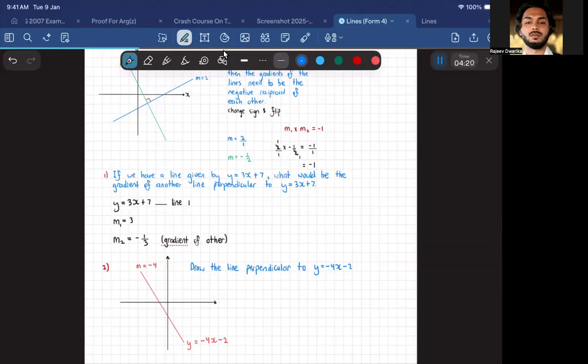We looked at how to get the x-intercept and y-intercept. We looked at how you would come up with the equation of a line given 2 points. We also looked at how to sketch a line given its equation. And today we're looking at the different types of gradients, so perpendicular and parallel.